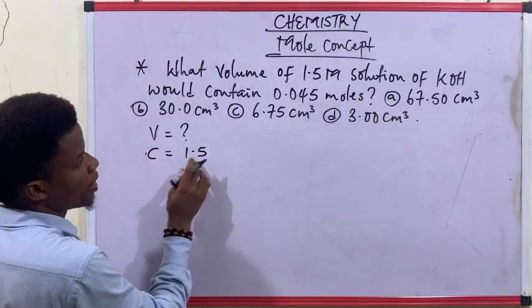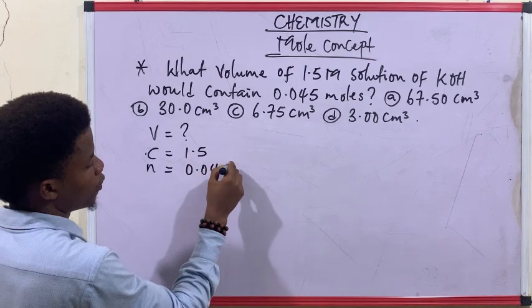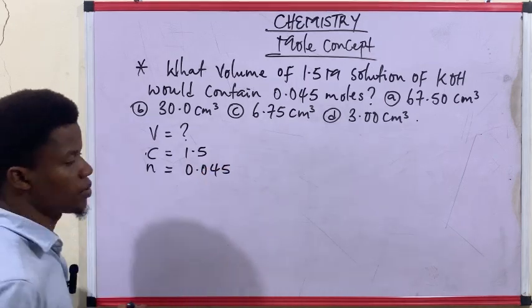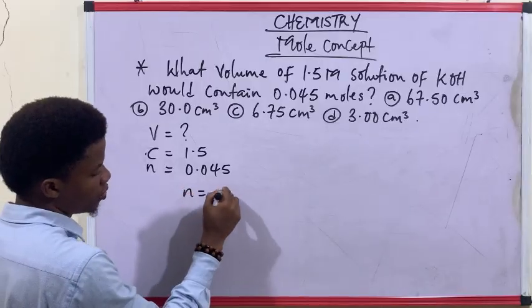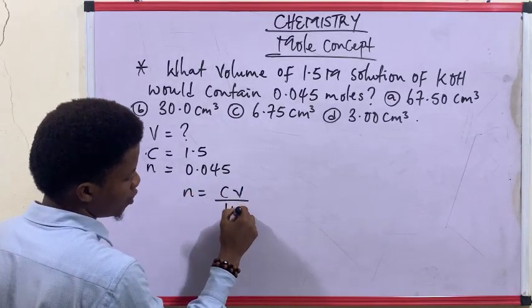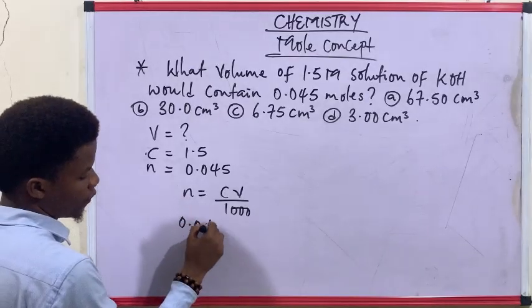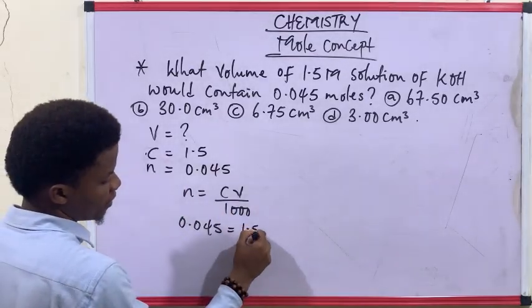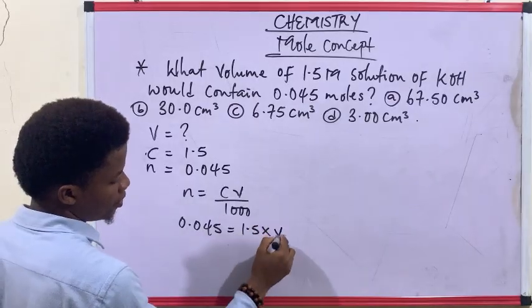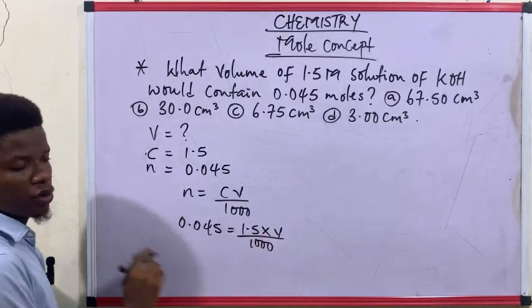Then our number of moles is 0.045. So don't forget the formula to use. n is equal to CV over 1000. So 0.045 is equal to 1.5 times V all over 1000.